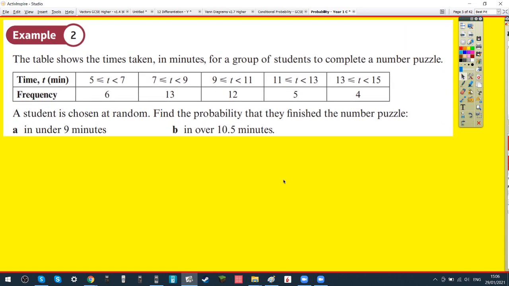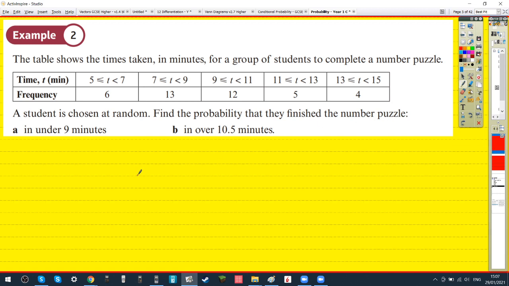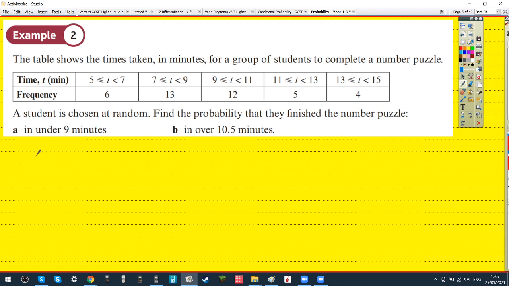Okay. How about this one? Is that going to be something like 19 over all of the numbers added up?